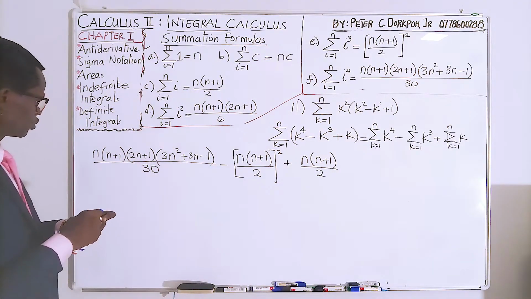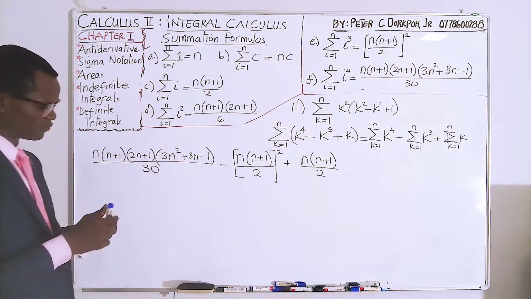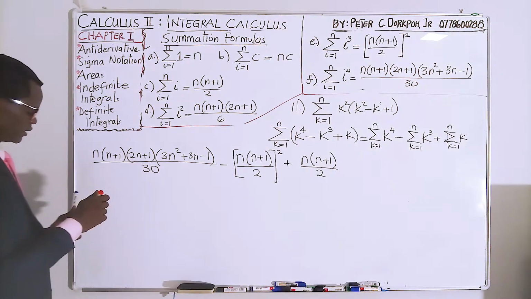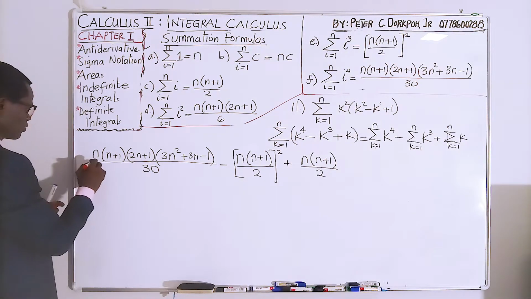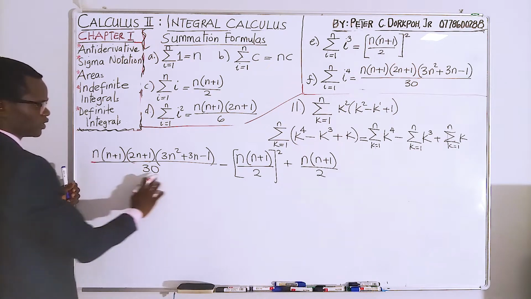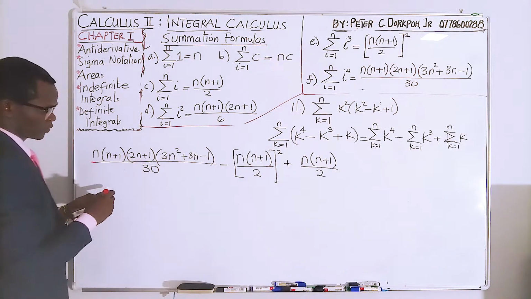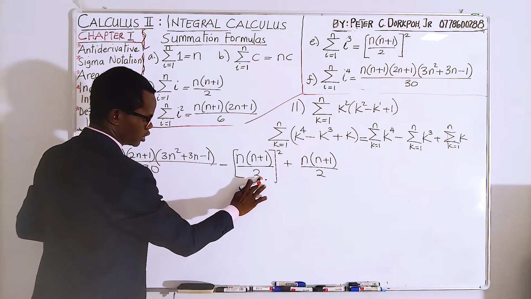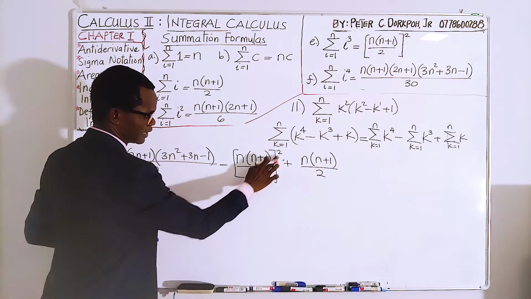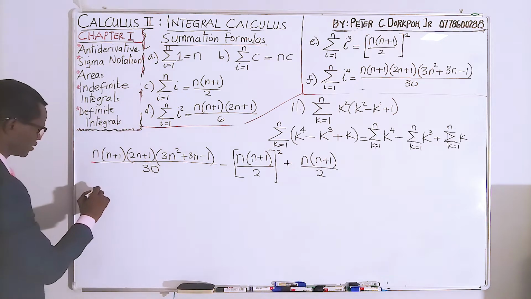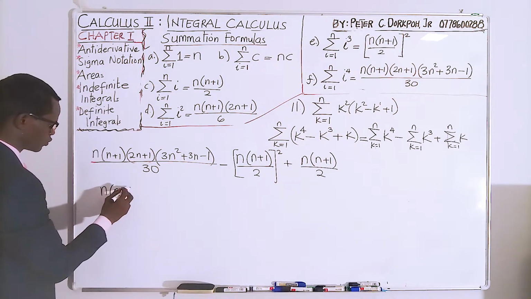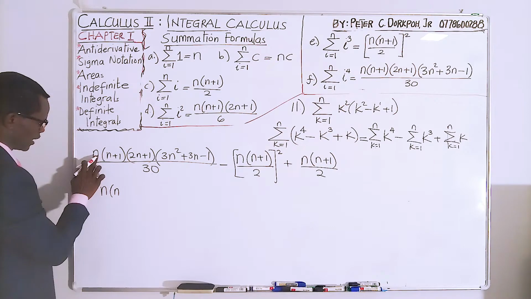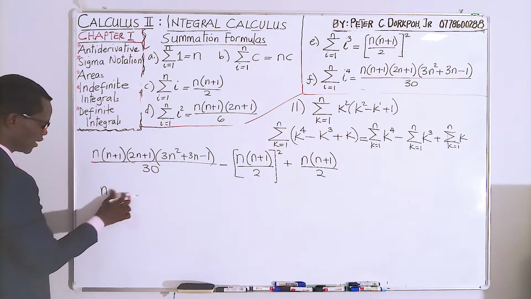Now what we need to do is get rid of the denominator. The entire fraction, we want to get rid of this fraction. So in getting rid of these denominators, let's first multiply out the powers. We have n plus 1, so we multiply the first two. N times n is n squared.